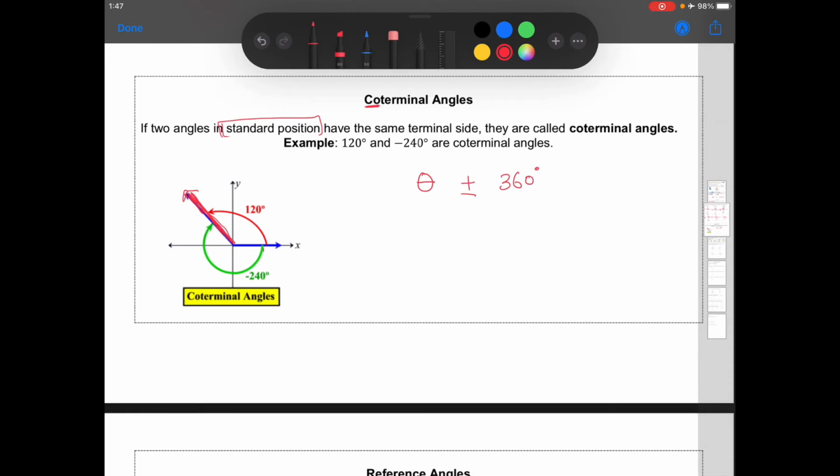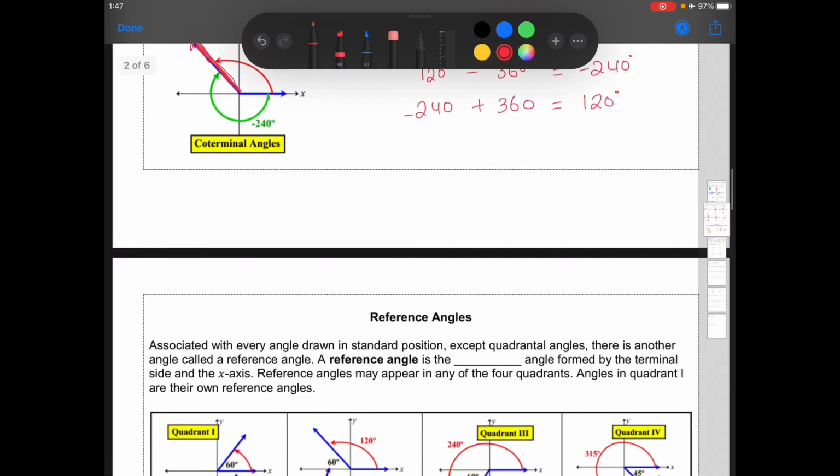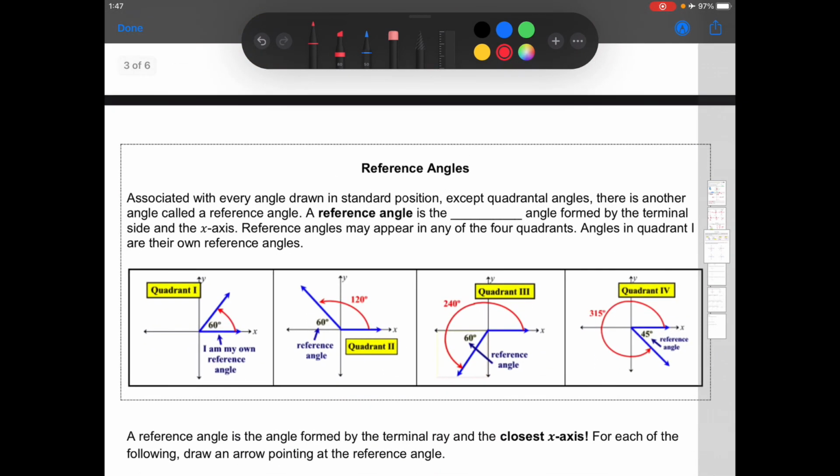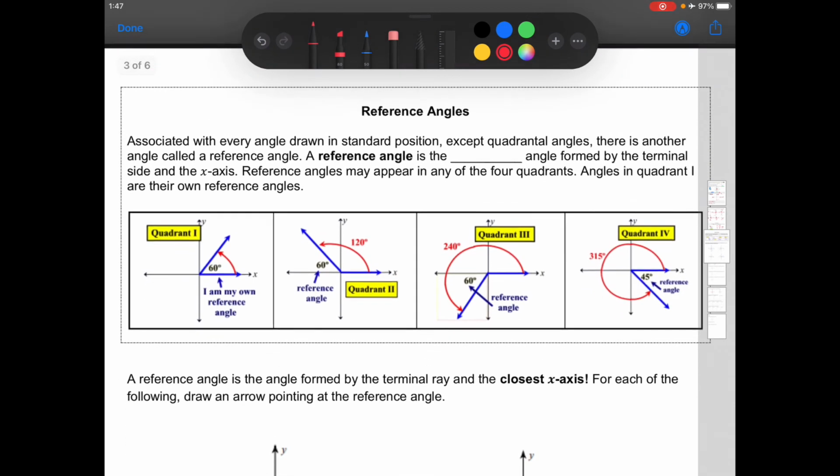Now, how do I decide whether it's going to be plus or minus? If I had a positive angle, 120, then I subtract 360 and I get my coterminal, which is negative 240. If I had a negative angle, which was negative 240, I'm going to add 360. I got what? 120. So that's the formula, because around the circle is a complete 360 degrees.